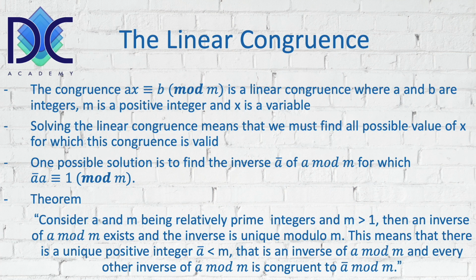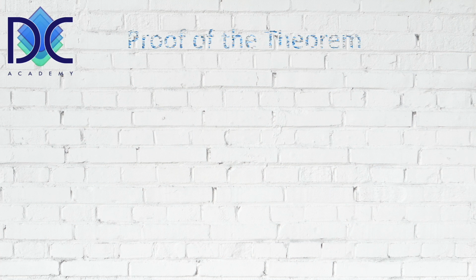This means that there is a unique positive integer ā, smaller than m, that is the inverse of a modulo m, and every other inverse of a modulo m is congruent to ā.